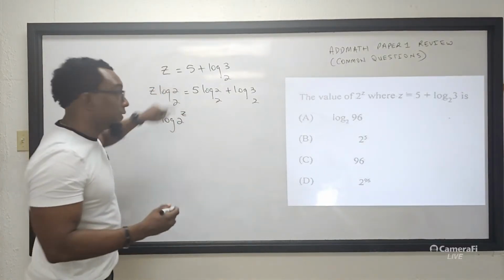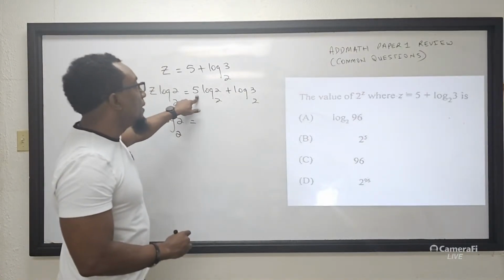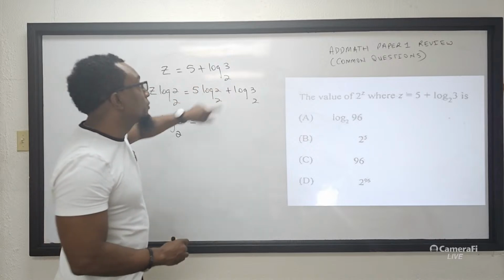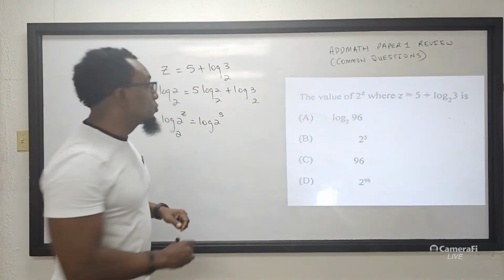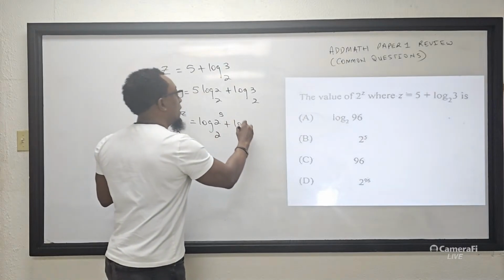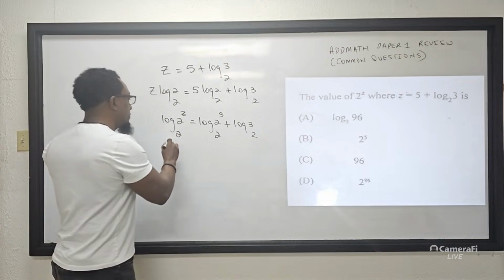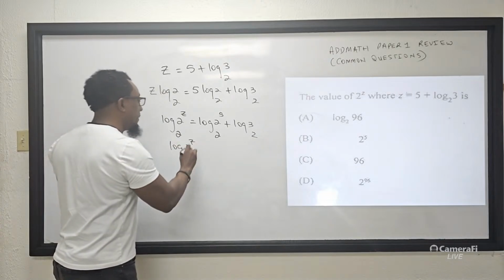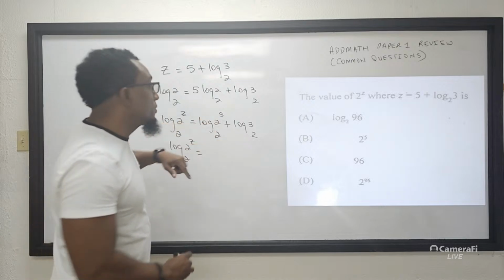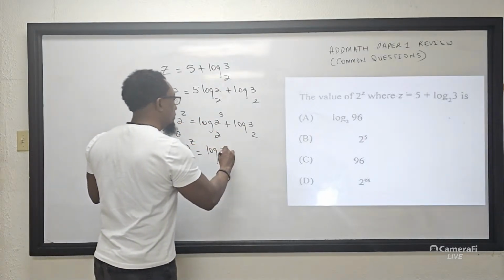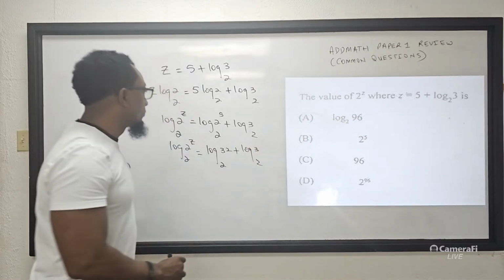Your power law, to base 2 is equal to, this 5 now becomes the power of 2. Log 2 to the power of 5 to base 2. Plus log 3 to base 2. So this becomes log 2 to the power of z to base 2 is equal to 2 to the power of 5 is the same as 32. So this is log 32 to base 2 plus log 3 to base 2.